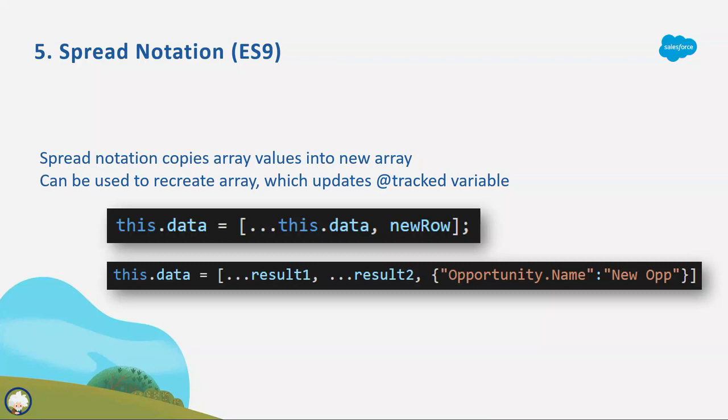If this .data, that array, is connected to something that's on your screen, and when you make a change to it, like here we're adding a new row, a new element of data, if you just do a simple array push, that doesn't trigger the front end or the back end system to send a change event to the front end. When you put it in this way, it's the same thing as writing out the array completely, basically reinstantiating the array. But with this .data, it helps to trigger the rewrite of the page.